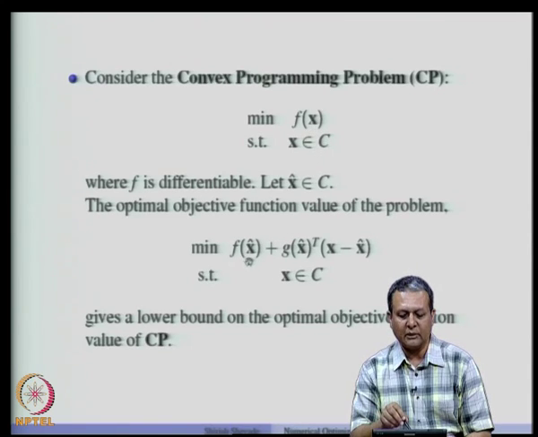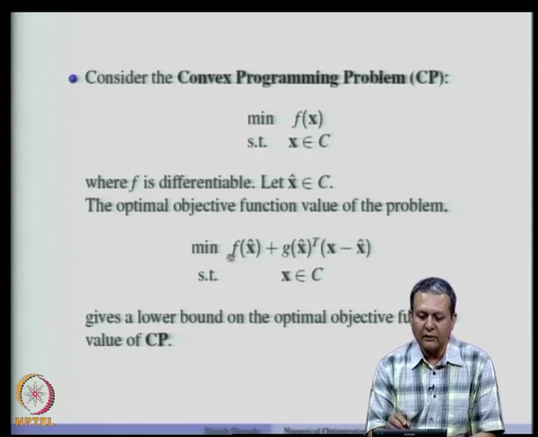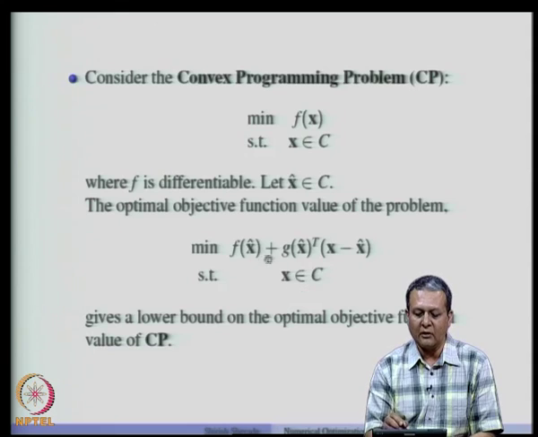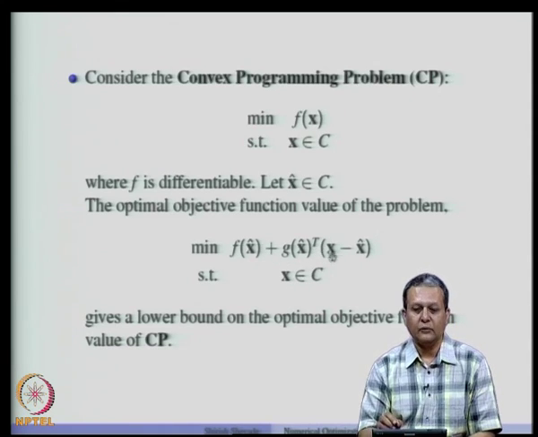That affine approximation is f of x hat plus g x hat transpose x minus x hat. If we take this as our new objective function and solve this problem, the variable is x. The first quantity is a constant, so we can ignore that.